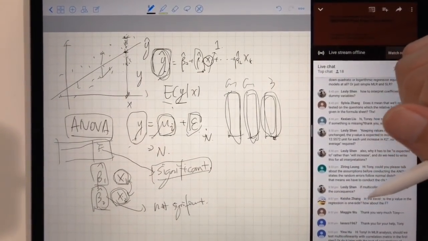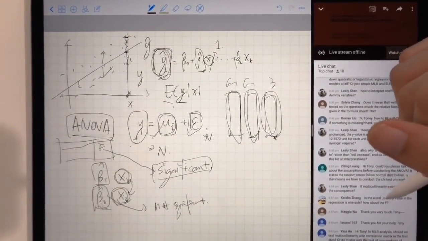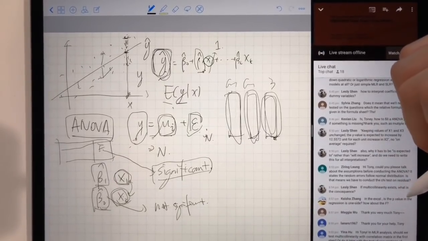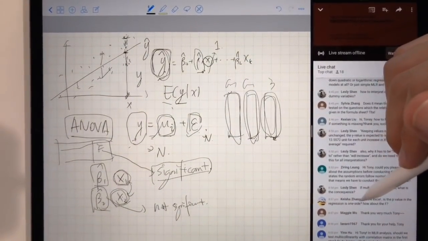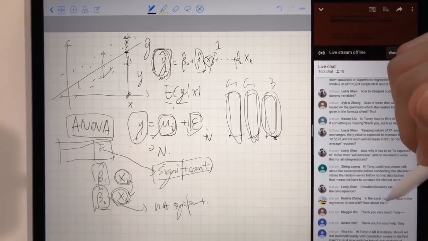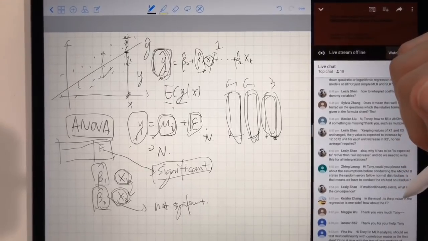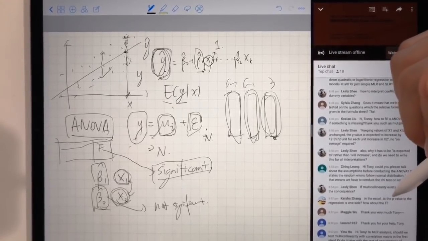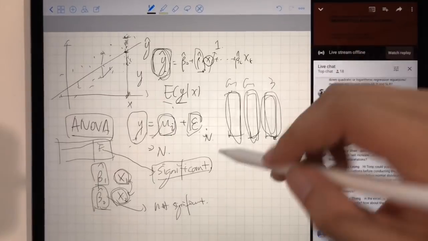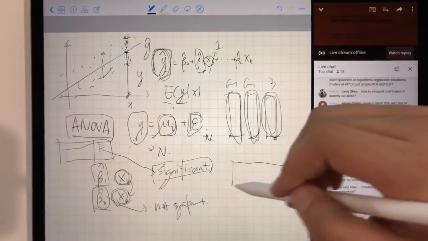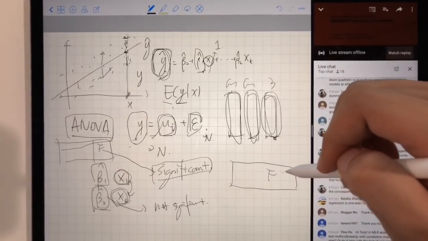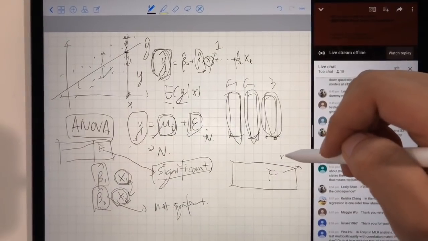Keisha Zhang, in Excel, is the p-value in the regression one-sided? How about the F? In Excel, well, we have different p-values in regression. If you are talking about the overall significance F-test, it is one-tailed, which is a right tail.